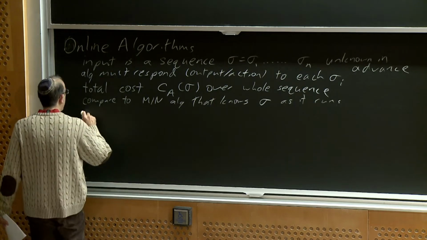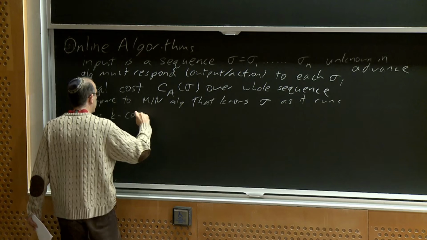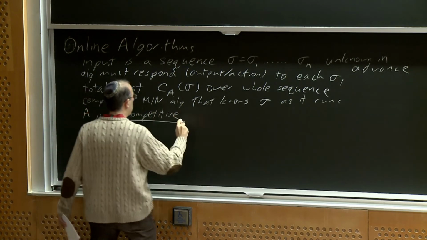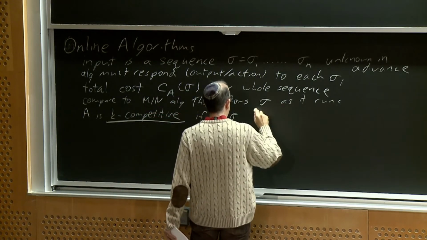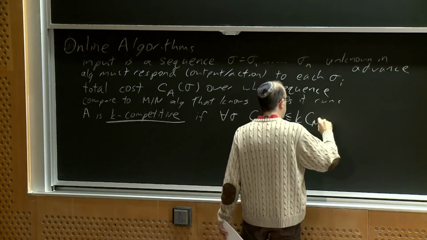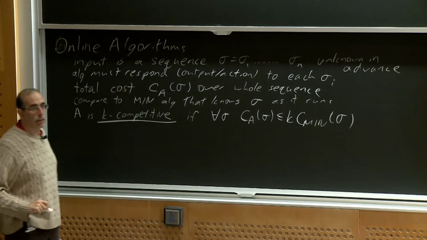And we say that our algorithm is k-competitive if, for any input sequence, the cost of the algorithm is at most k times the cost of the prophetic algorithm.